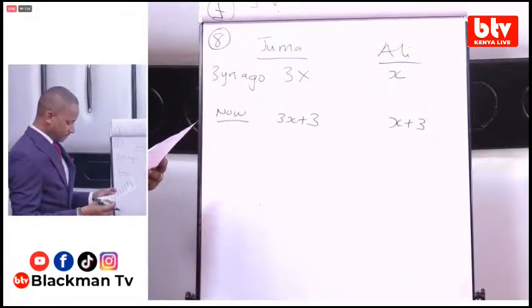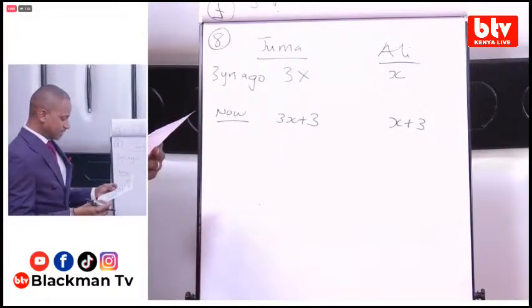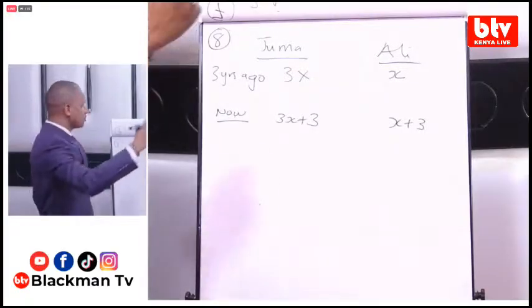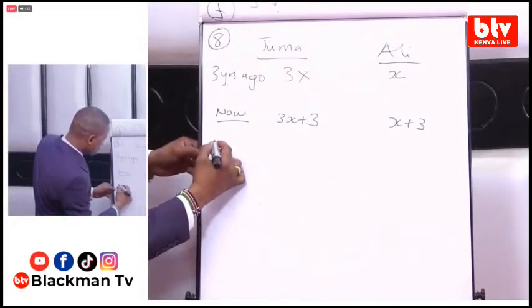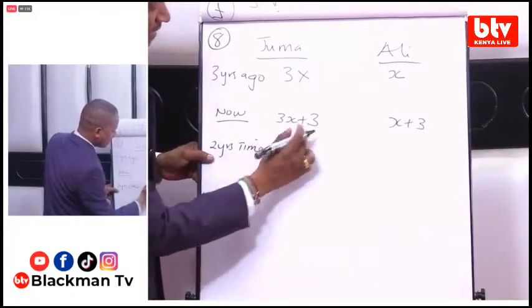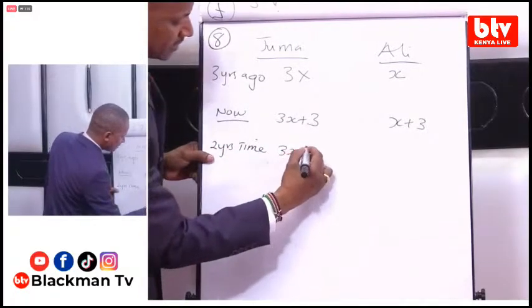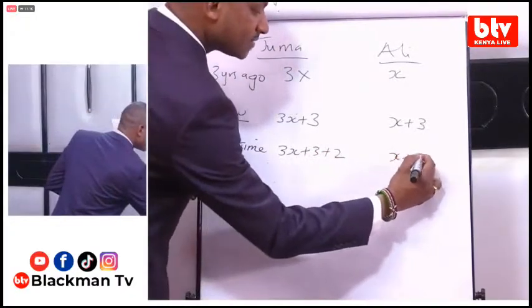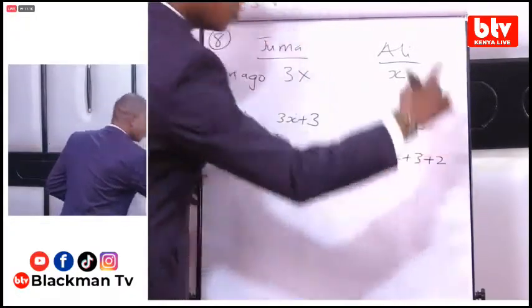Then again, you are told that in 2 years' time, the sum of their ages will be 62. So go to 2 years' time. If now they are this, in 2 years' time Juma will be 3X plus 3 plus 2, and Ali will be X plus 3 plus 2.